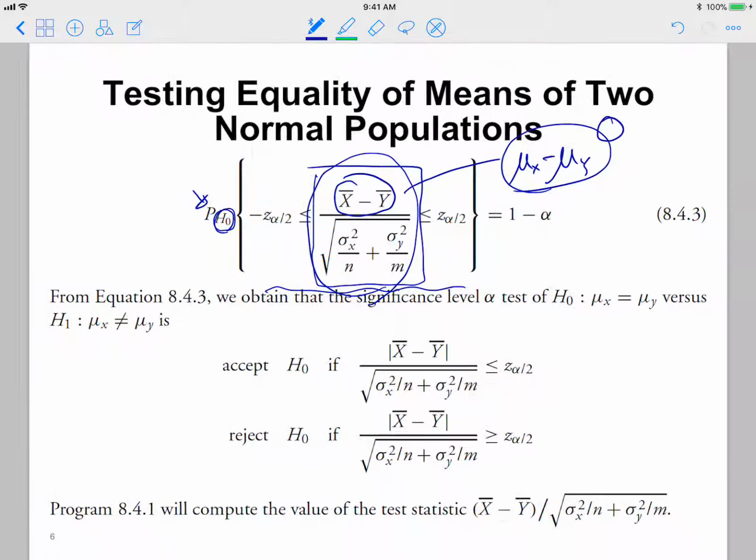That's the meaning of this notation. This inequality can be represented as this one, so we simply put the absolute value operator in this. If this is within z of alpha over 2, that's when we accept the null hypothesis, and we reject it if it is greater than this value. Okay?